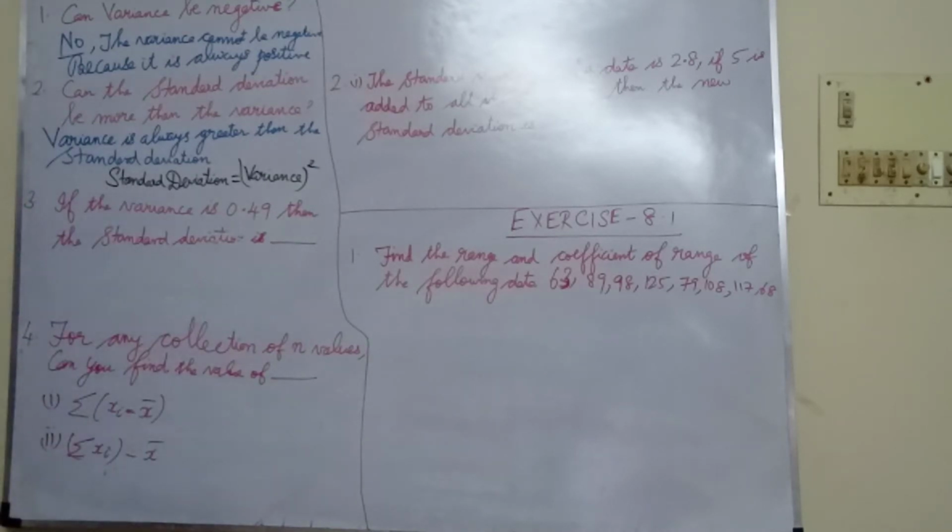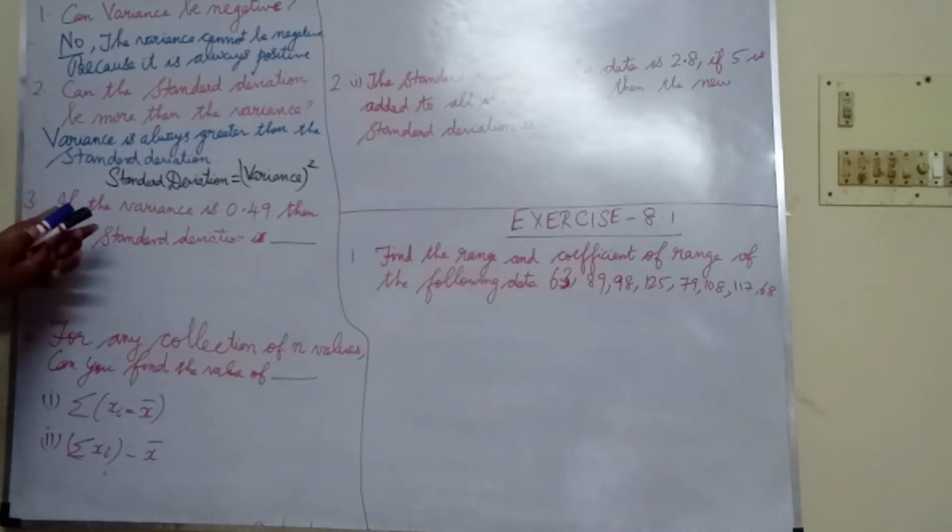Now next, if the variance is 0.49, then what is the standard deviation? The variance is equal to 0.49, and they are asking for the standard deviation.